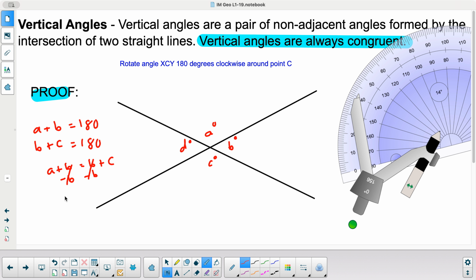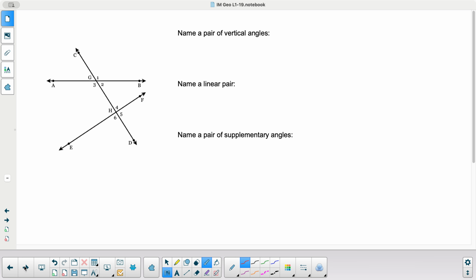Subtract B from both sides, we get A equals C, which are vertical angles, okay? And I can do the same thing with A plus D equals 180 and C plus D equals 180, and I would get D equals B. Oh, wait, no, I'd have to do D plus C and C plus B, and then I could get D equals B. All right, so there you go. There's your proof.